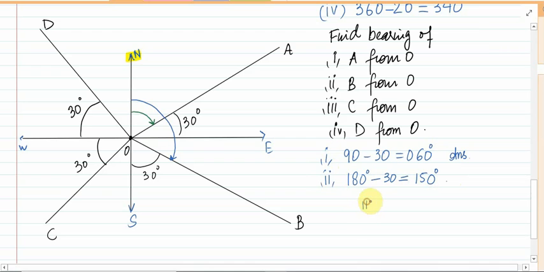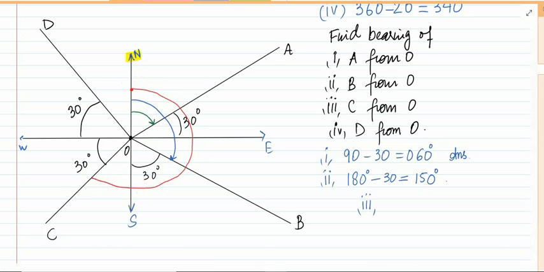Moving on to the third part. It says C from O. C from O, again the same strategy, right? The first point remains the same, that you need to highlight the angle, right? So starting from the north until the line C. So let's travel from the line. Did I reach the point C? No, no, yes. But the same scenario. Let's suppose I was listening to music and I got distracted, and instead of reaching there, I reached there.